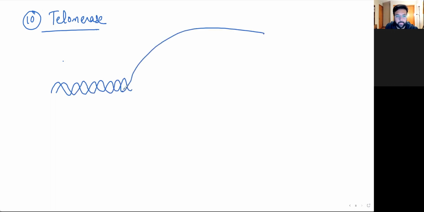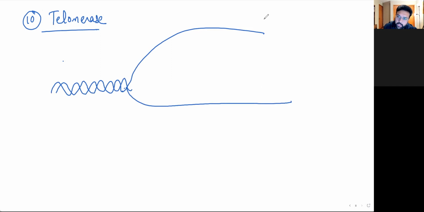You are replicating your DNA. Every DNA will have a primer at its end. Meaning, let's say after replicating, the one end will always lag behind.